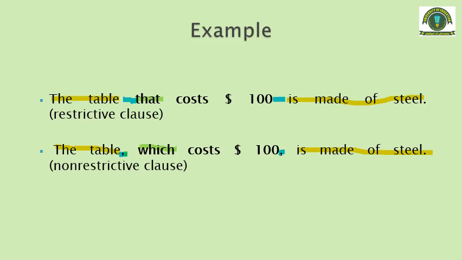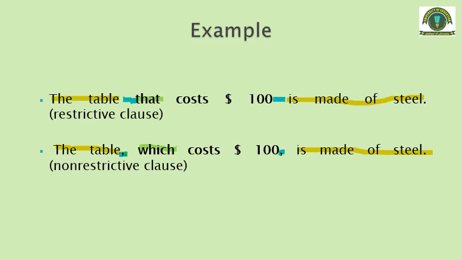It can be any table. The meaning of the sentence will change, but "that cost $100" is specifying that they are talking about a particular table. They are not talking about any ABC table. They are talking about a particular table. Whereas the next clause: the table, which cost $100, is made of steel.